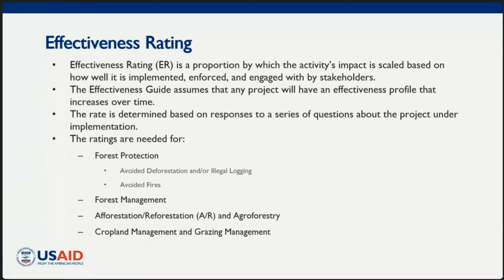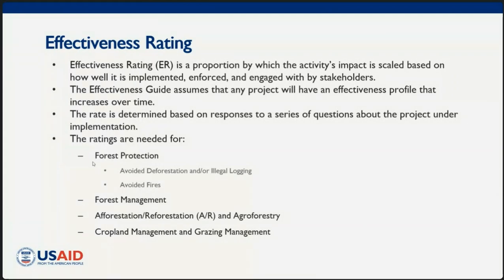As I said, for all the major activities, you must give an effectiveness rating. There is usually a questionnaire that you need to go through by clicking one of the buttons in the tool.